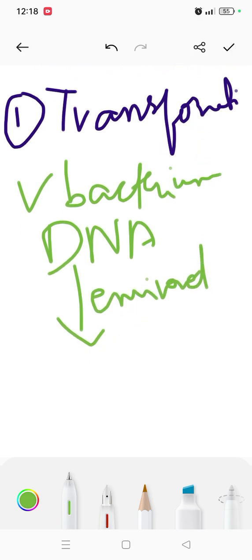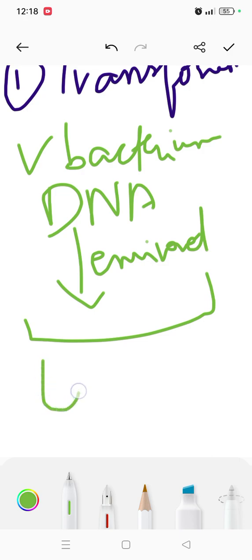Even the DNA could be shed or covered by other bacteria as well. This means we are going to do this whole experiment in the laboratory.